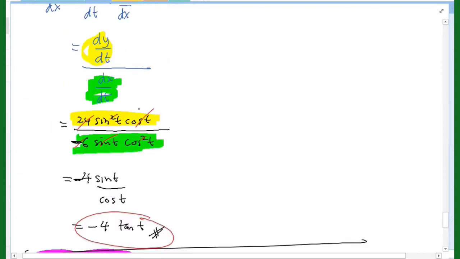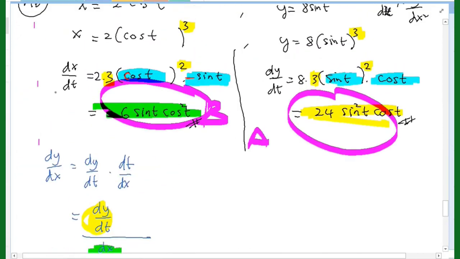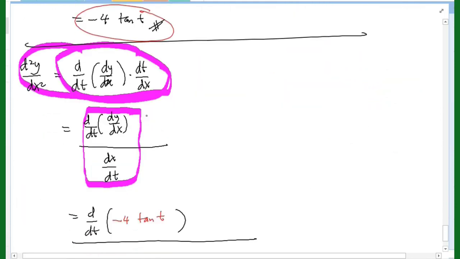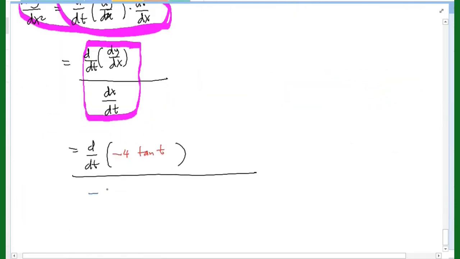That is dx/dt, negative 6 sin t cos t squared. So from this you can see the numerator is still not done. You need to differentiate negative 4 tangent t with respect to t.